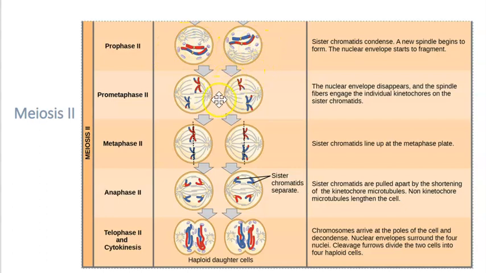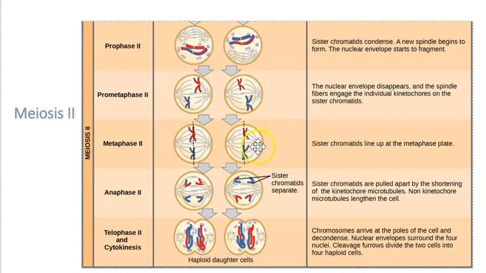You can see our little organization centers, the centrosomes, beginning to migrate to opposite poles. In prometaphase 2 of meiosis 2, the nuclear envelope is going to completely disappear, and the spindle fibers are going to attach to each of the chromosomes that you see here. In metaphase 2 of meiosis 2, the chromosomes are going to be lined up in single file order on the metaphase plate.